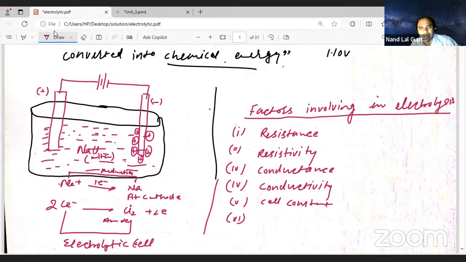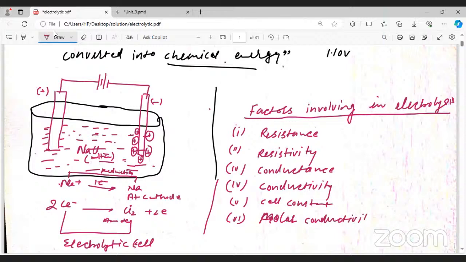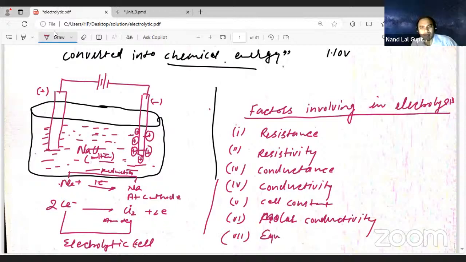Sixth is molar conductivity, and the seventh is equivalent conductivity.